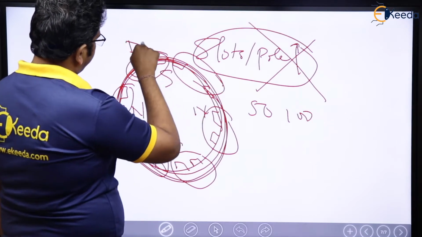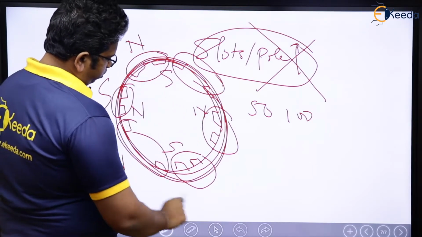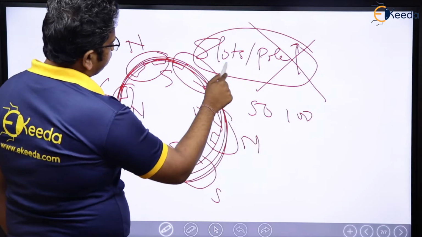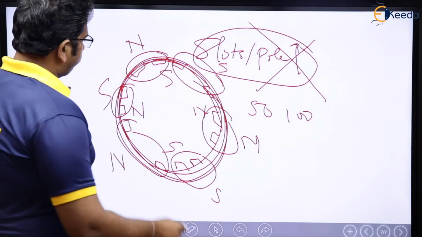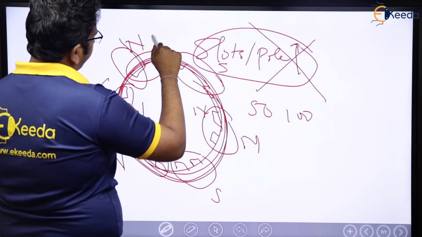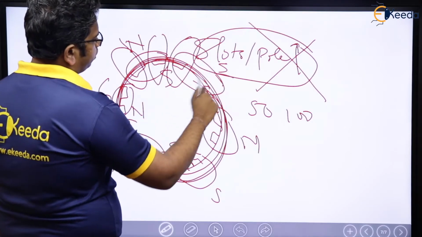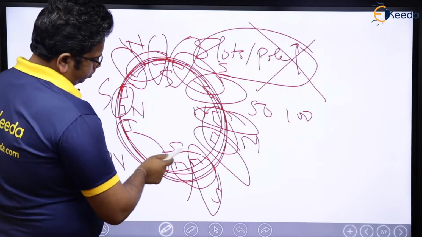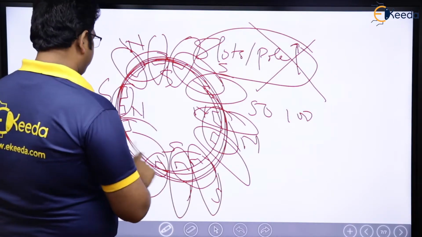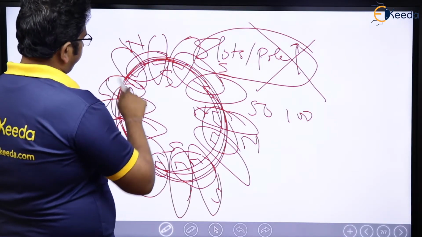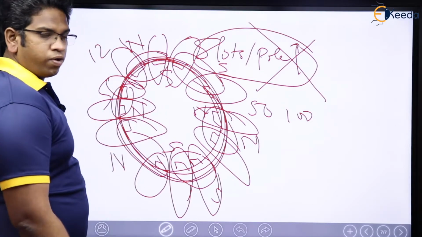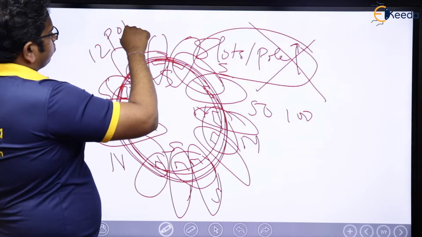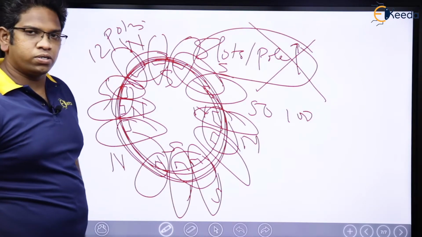Then in that case I will get 1, 2, 3, 4, 5, 6 poles. Then I will say, let us consider 1 only: 1, 2, 3, 4, 5, 6, 7, 8, 9, 10, 11, 12. 12 slots, 12 poles you have got. It can be done, or not.